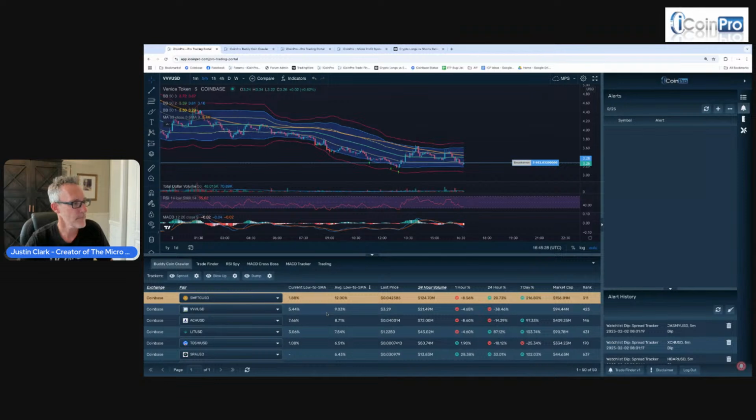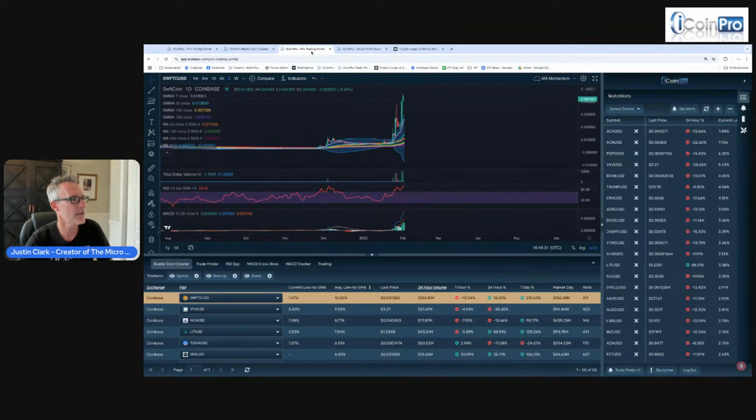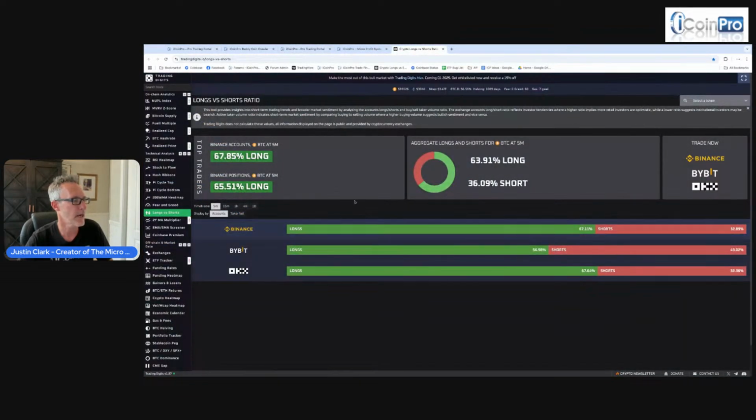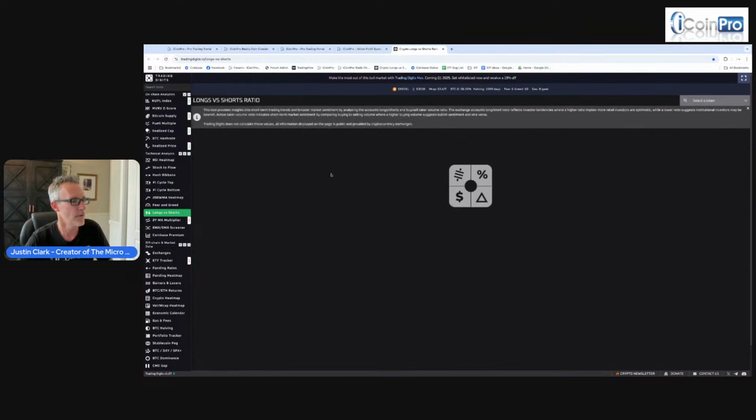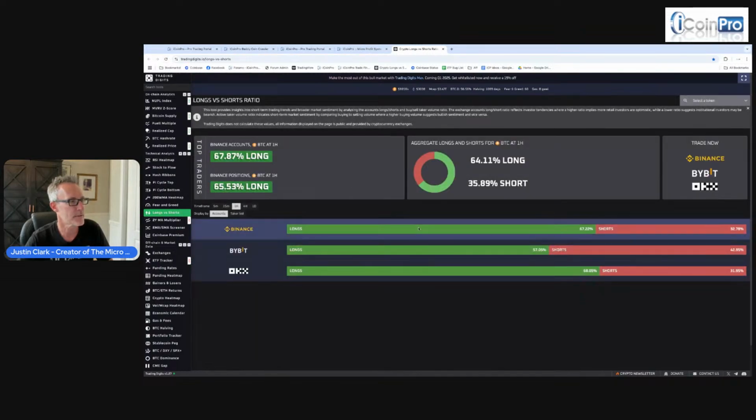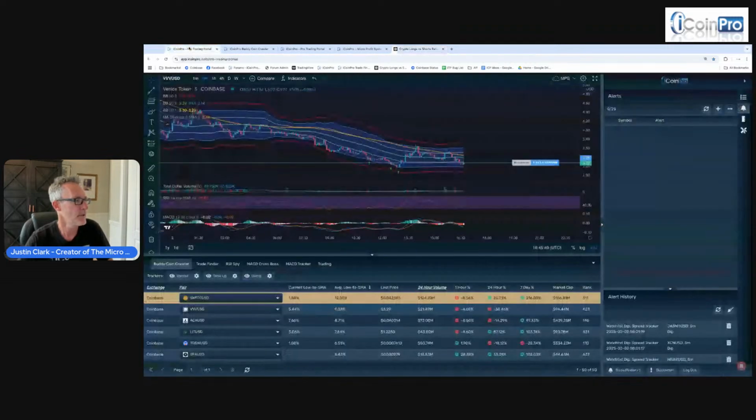And it's not that we are going to dump just because the longs are getting high. We could absolutely bounce and go up from here. But the potential starts to increase when we get over 70% that a bigger drop could occur. And we can only trade based on potential and just be aware of that potential.